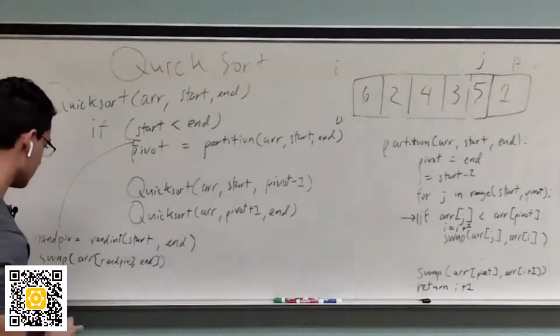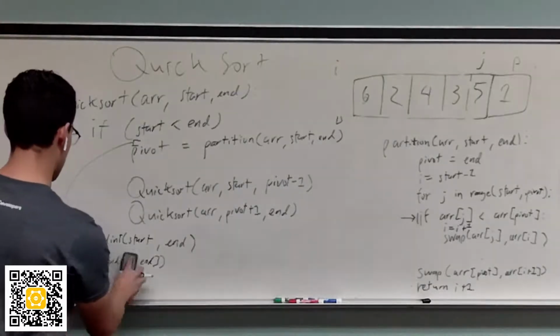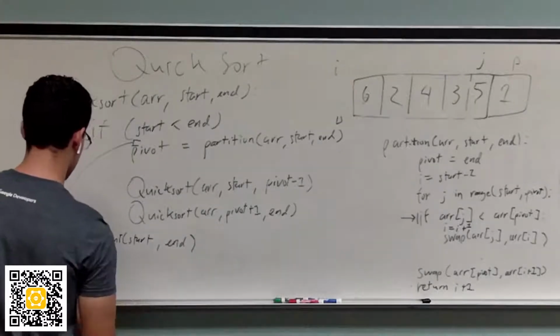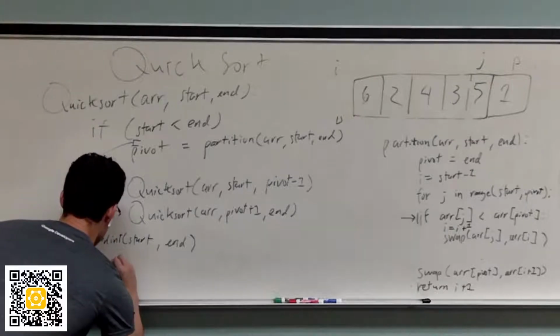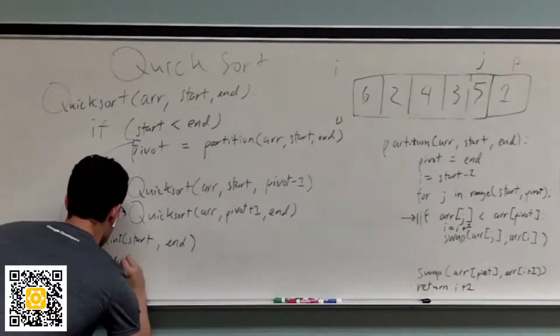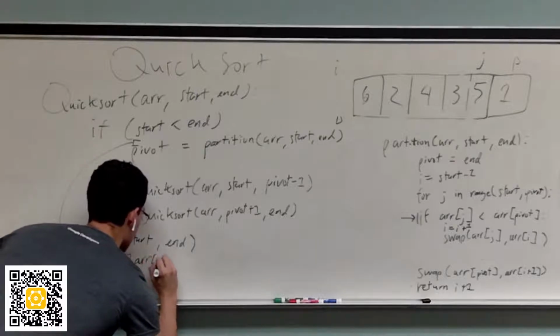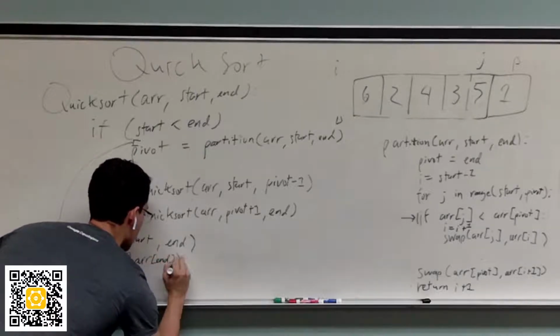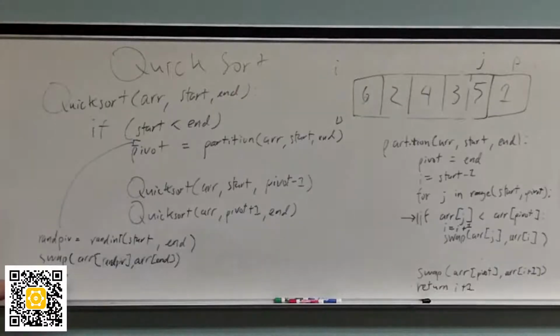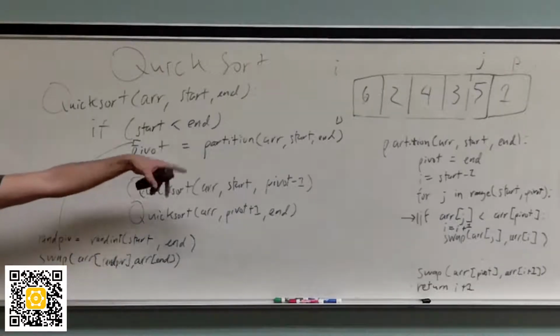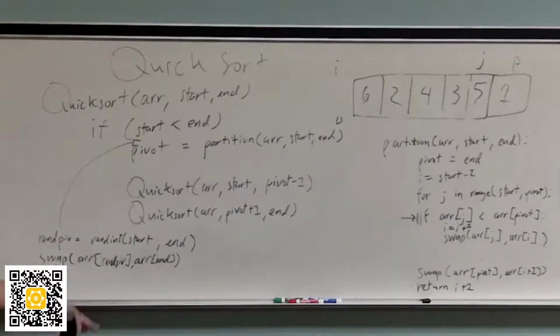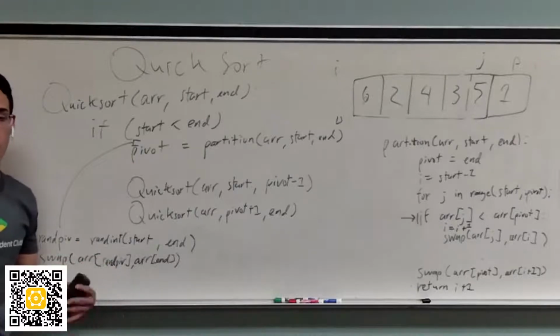Actually, I did not write this properly, I'm sorry. Okay. So you swap the array at the random pivot, some value in the middle, or maybe that value is the middle value.